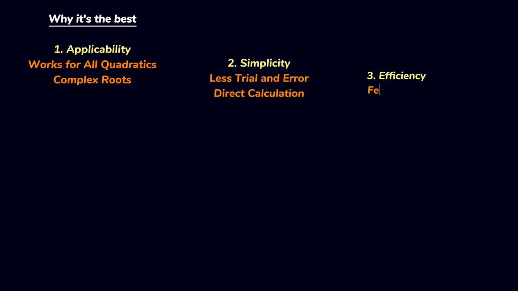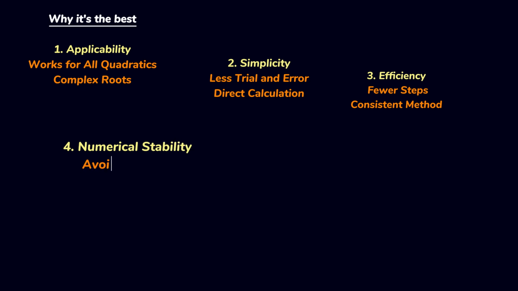Third, efficiency: fewer steps. The quadratic formula typically involves fewer steps, especially for polynomials with large coefficients. And it is a consistent method. It provides a consistent method for solving quadratics, making it easier to apply in various contexts.